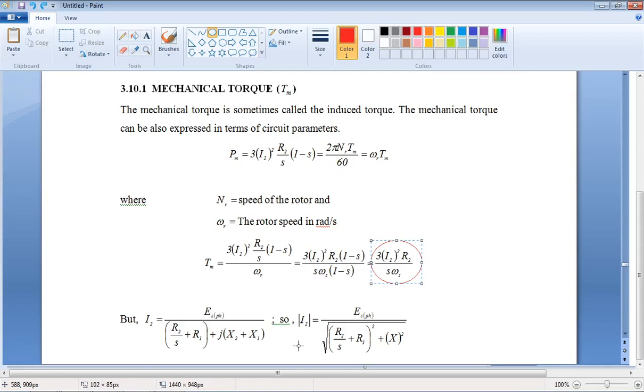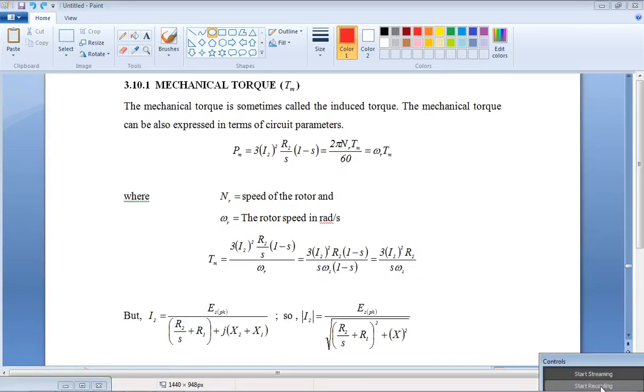But because we want to calculate the mechanical power, we are focusing on the magnitude of I2 only. So we have to cancel the effect of the imaginary part. How to do that?